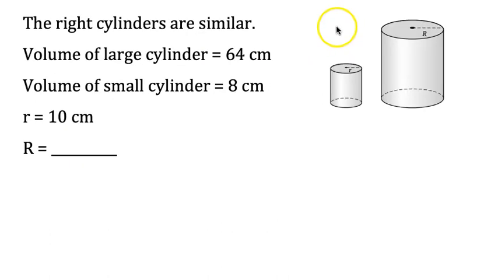For this example, we have similar cylinders, but this time we know both volumes, and we're missing the radius of the larger cylinder. So we're going to have to work backwards on this one. Since we know the volumes, let's begin with the volume ratio.